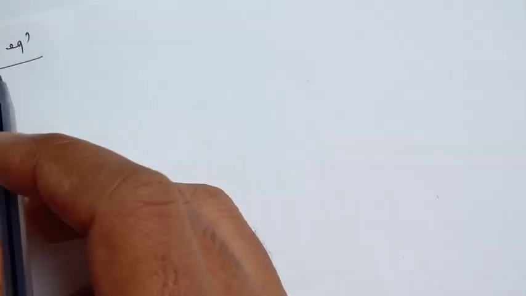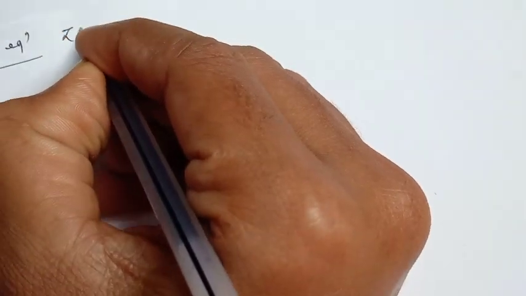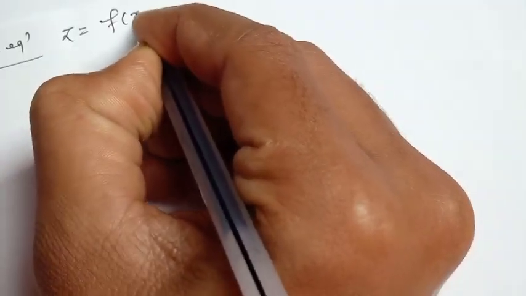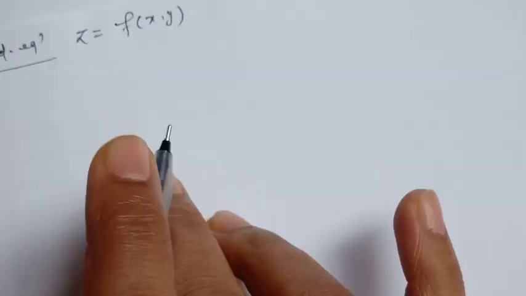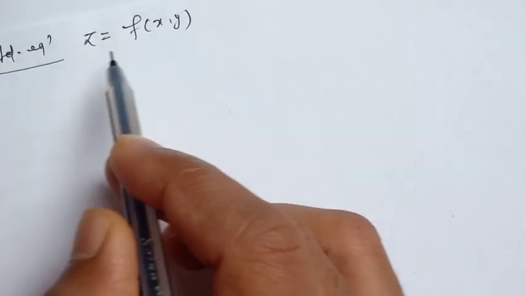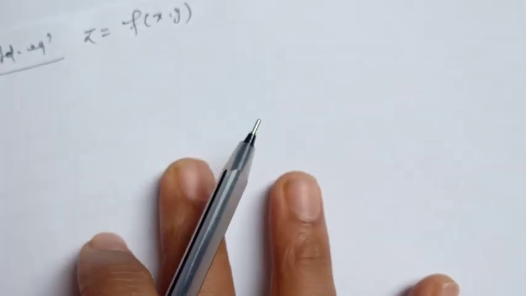The type 2 standard equation is z = f(x, y). This is the form; we will solve numericals based on this standard equation.